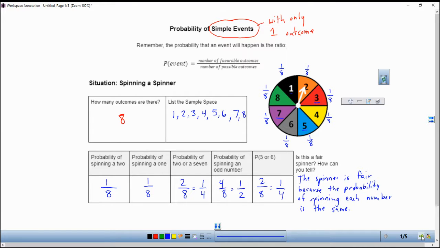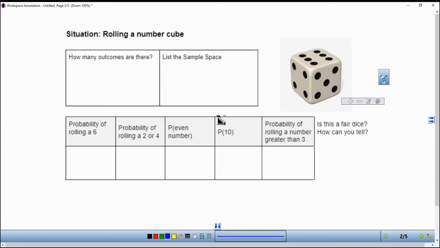All right, let's check out the next example of a simple event. Rolling the number cube, aka the dice. So how many total outcomes are there? Well, there are 6 numbers on a dice, so there are 6 possible outcomes.